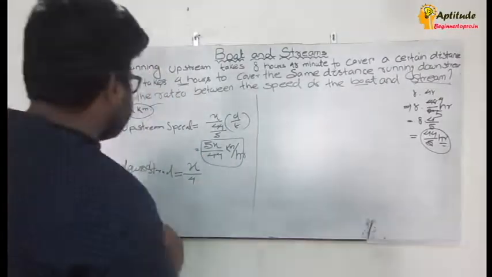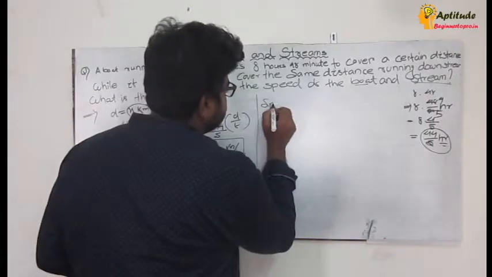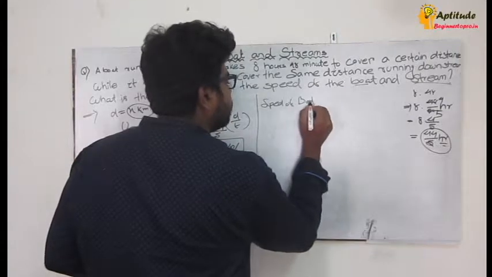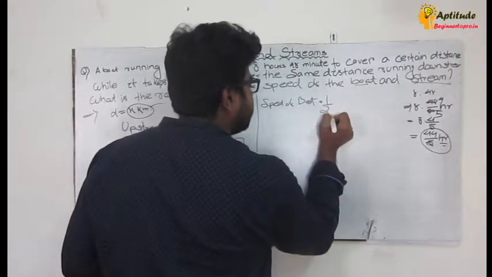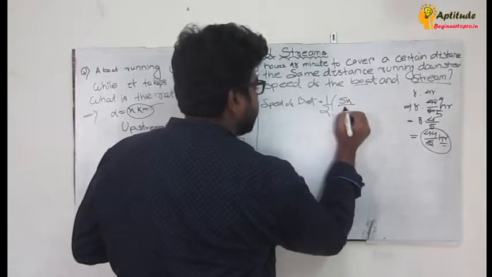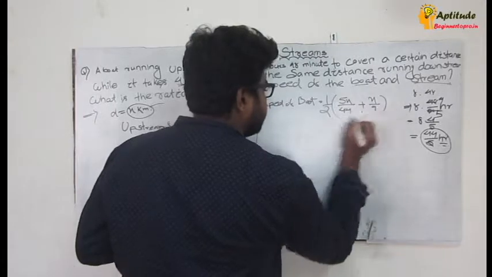Now we have to calculate the speed of boat, that is speed of boat equal to half into 5x by 44 plus x by 4.